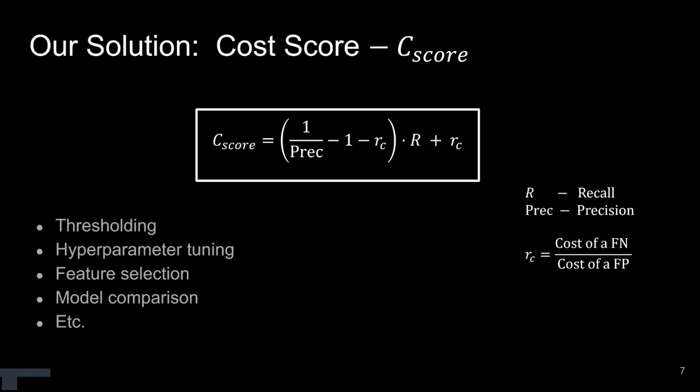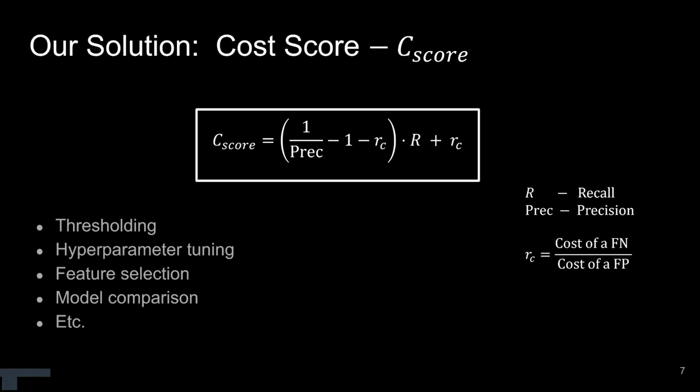And this measure can replace F1 score in any of the tasks where you need model evaluation. So for example, for thresholding, for selecting hyperparameters, for feature selection, model selection, and so forth.